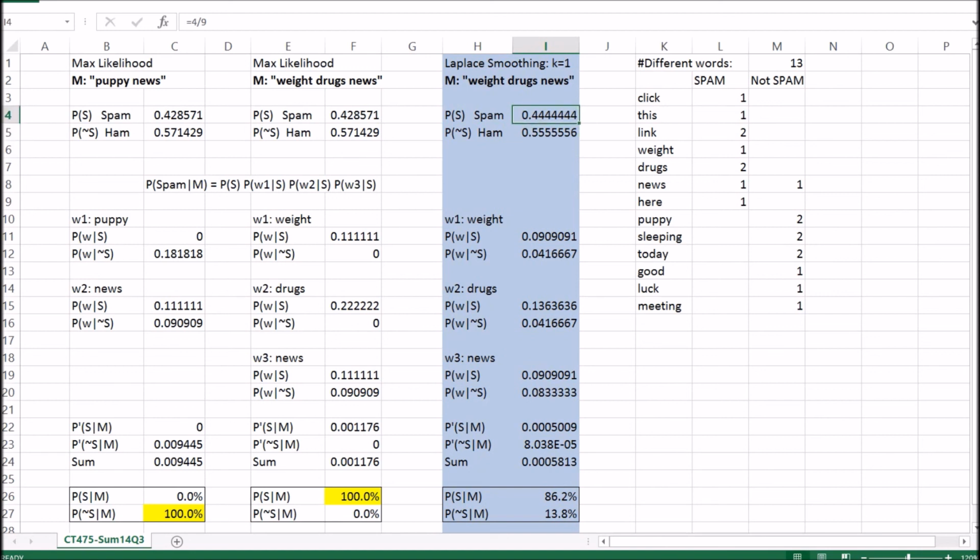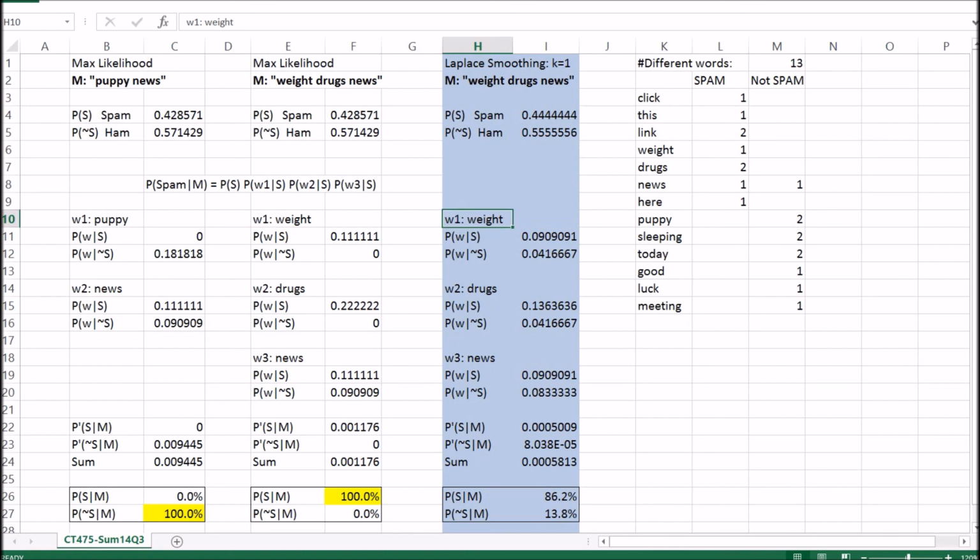So that means that our 7 messages goes up to 9 effectively, and instead of having 3 out of 7 as we had before, the probability of spam is now 4 out of 9. The probability of non-spam is 5 out of 9 instead of 4 out of 7. So we've added an extra virtual observation there, and you can see it's slightly changed the probabilities, not by a huge amount. 0.428 became 0.444. 0.57 pulled down to around 0.55.